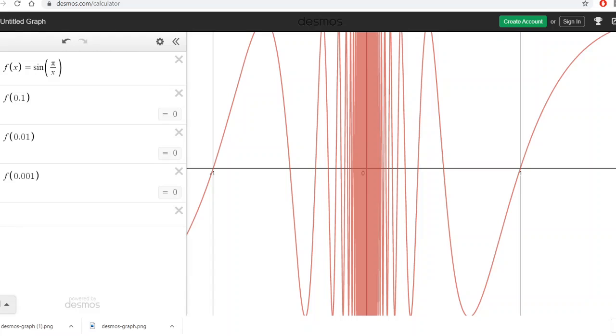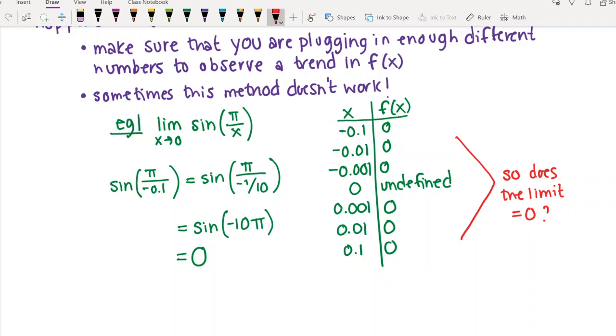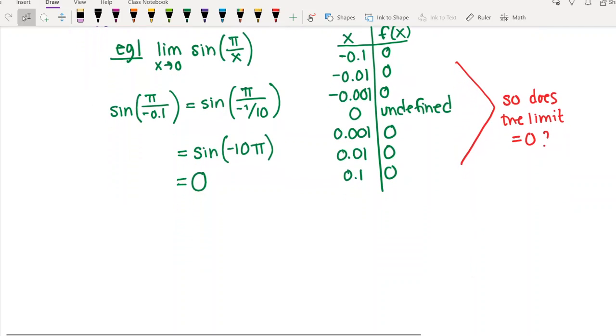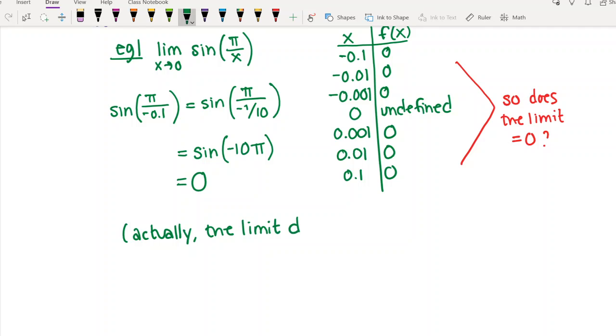So my point is that basically you can't always rely on plugging numbers as your final method for evaluating a limit. So in this case, maybe I'll just write this back down. So actually, the limit does not exist. Look at the graph.